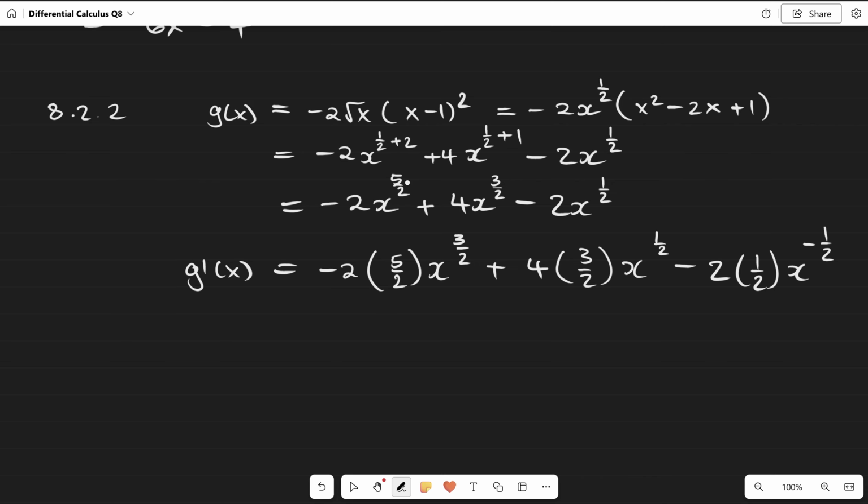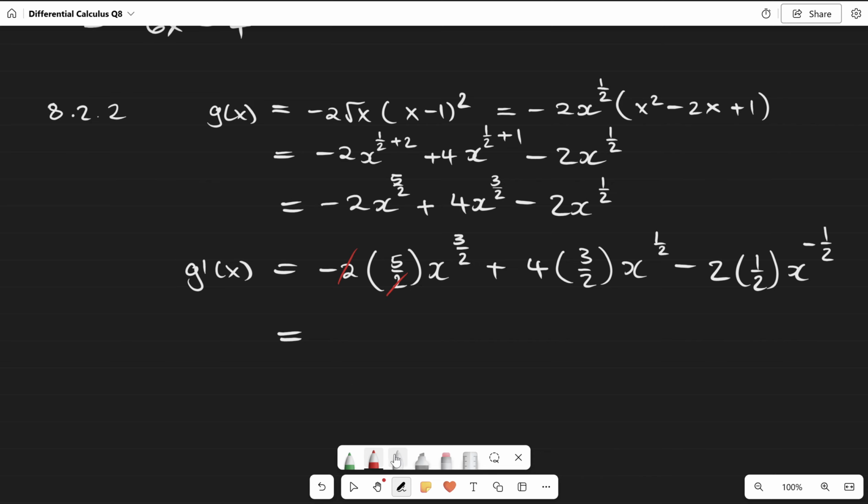Let me just check here. 5/2 is 2.5. 2.5 minus 1 is 1.5, which is 3/2. Okay, we are good, right? So now this is our derivative. We can simplify this whole thing. You can see that we have a 2 and a 2 in the denominator, so that is out.